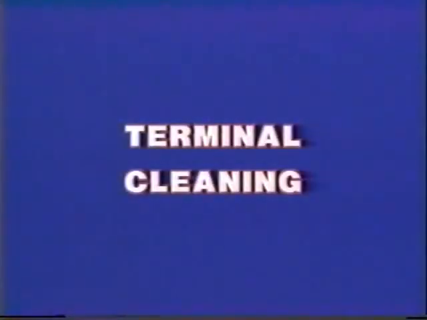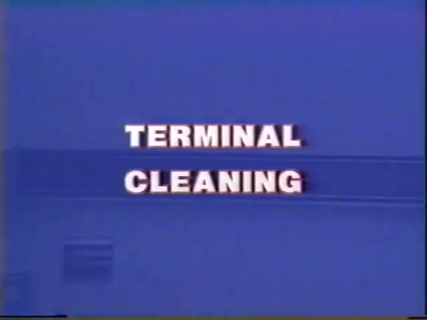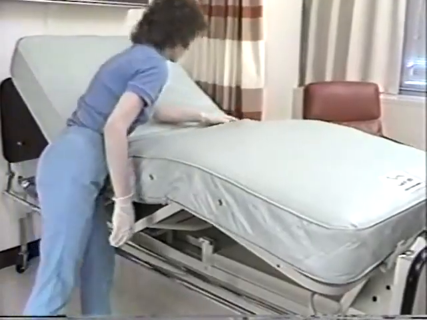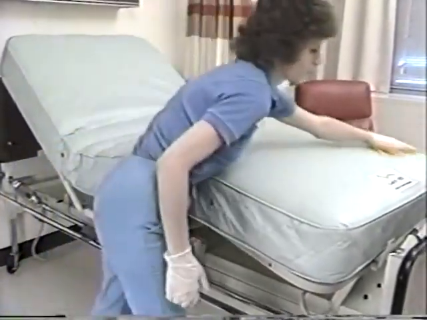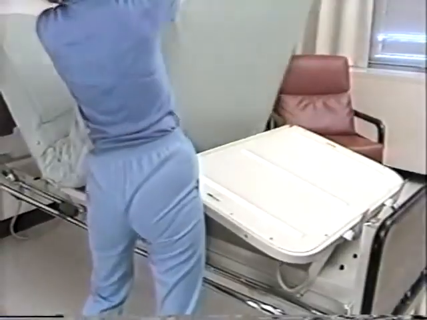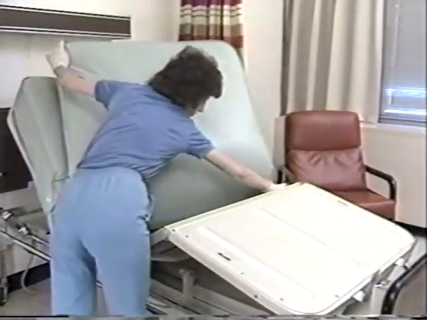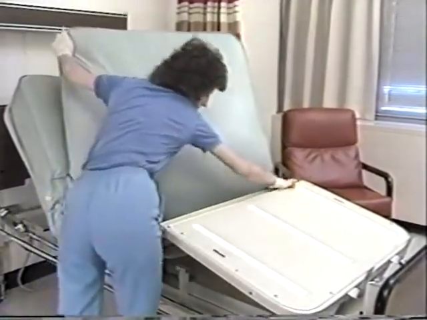There are a few additional procedures to add to terminal or vacant room cleaning. For example, the overbed light can be damp dusted along with the rest of the dusting, and the bed will receive a lot more attention. Using your germicide dipped cloth, begin by wiping off the top and the sides of the mattress cover. With this accomplished, fold up one end of the mattress and wipe the cover on the underside.